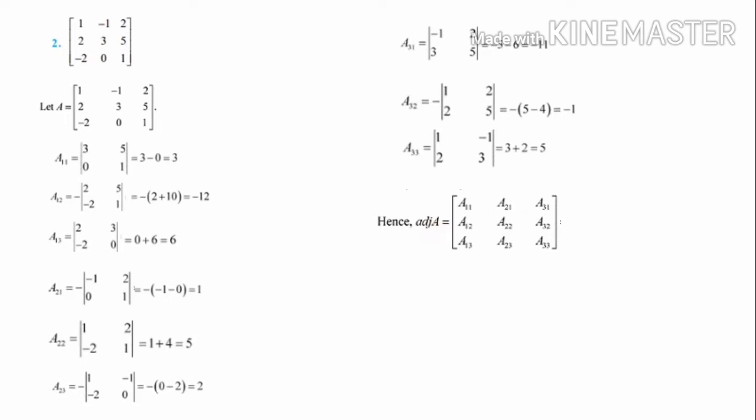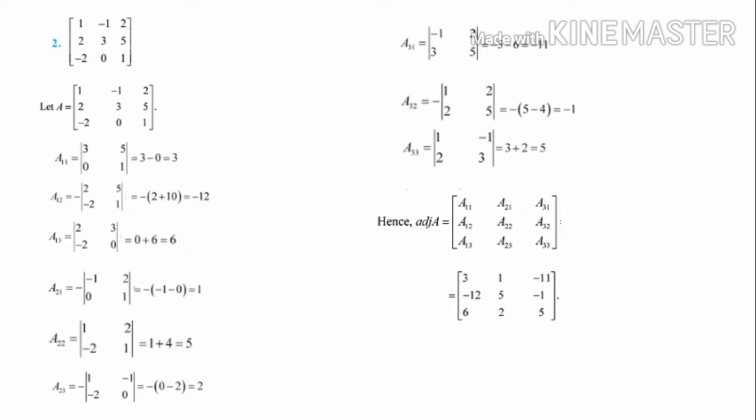So adj A is equal to matrix A11, A12, A13. Please remember this one, A11, A12, A13, we have to write column wise, all cofactor matrices. So A11, A12, A13, A21, A22, A23, A31, A32, A33. Substitute value, that is A11 is 3 here, and A12 is minus 2, A13 is 6.